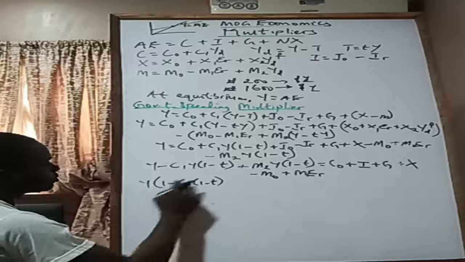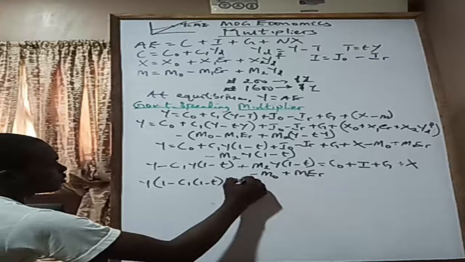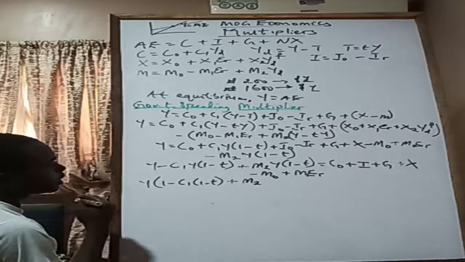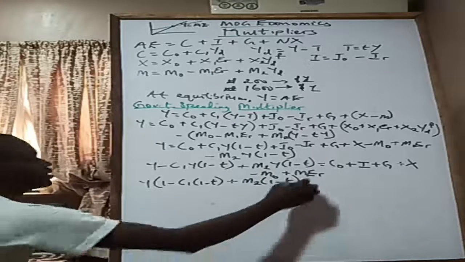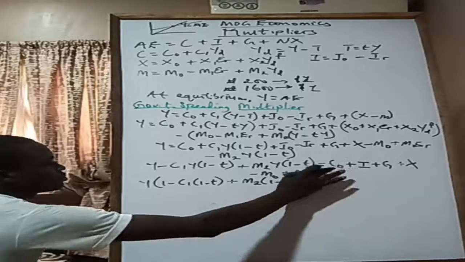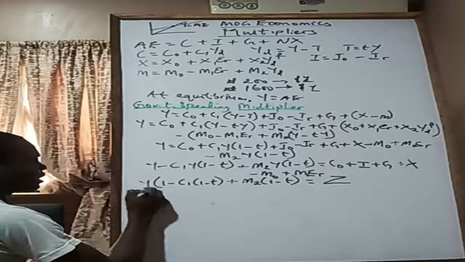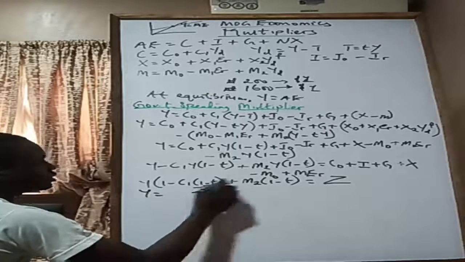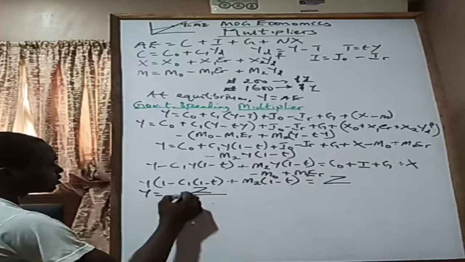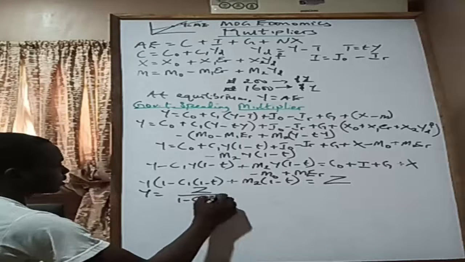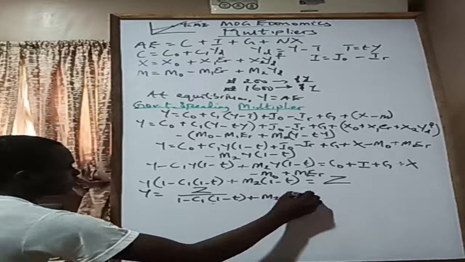Then plus, you take y away from here plus m2, then 1 minus T. So if you decide to name all of the numerator z, y is now going to be equal to that z, which represents c naught plus I plus g plus whatever, over 1 minus c1 into brackets 1 minus t, then plus m2 1 minus t.